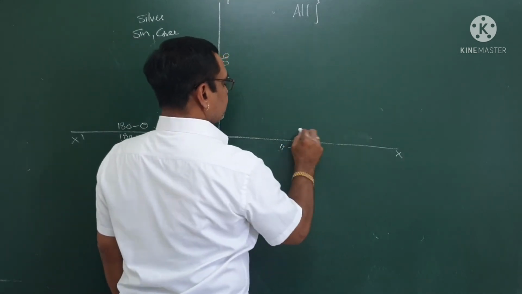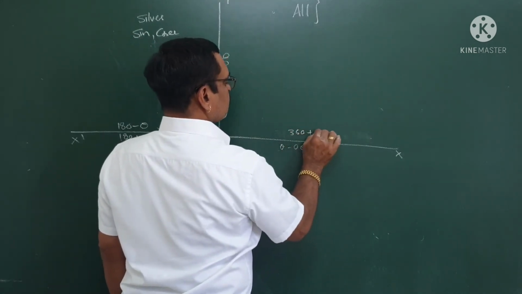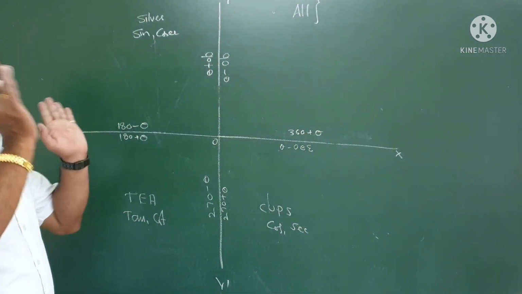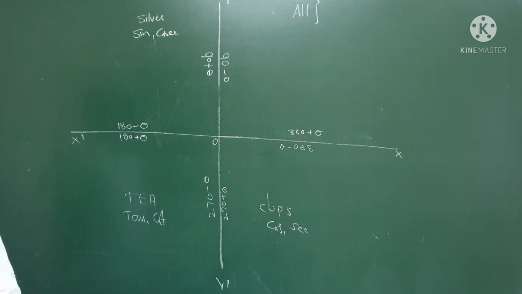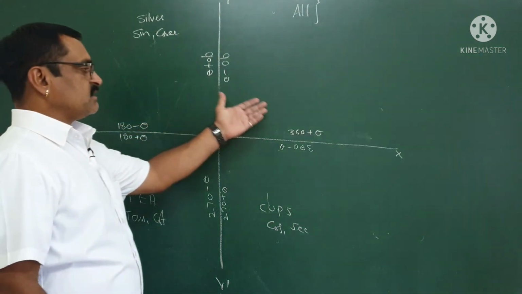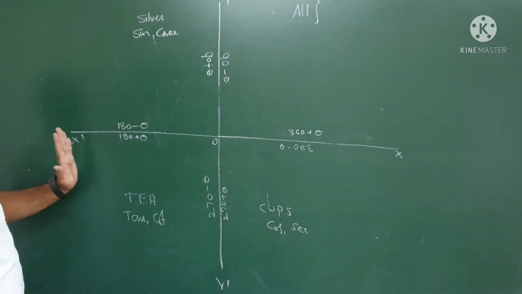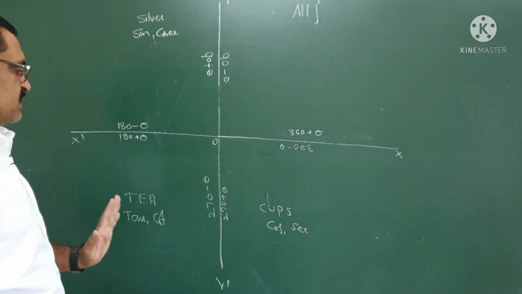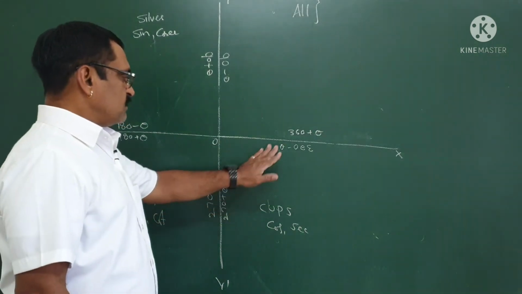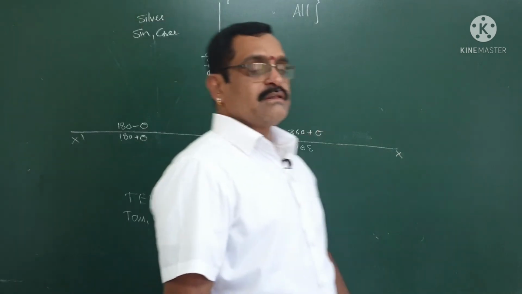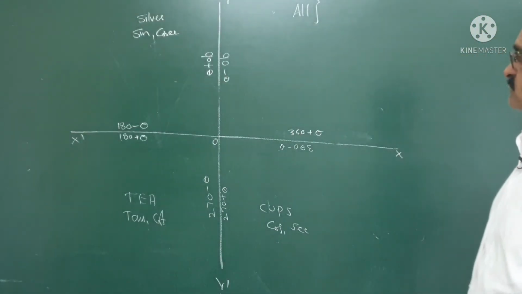In every quadrant, we have two angles. First one has 90 minus theta and 360 plus theta. Then 90 plus theta and 180 minus theta. 180 plus theta and 270 minus theta. 270 plus theta and 360 minus theta.